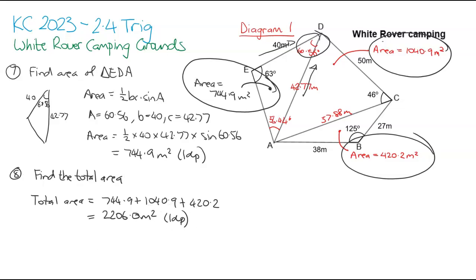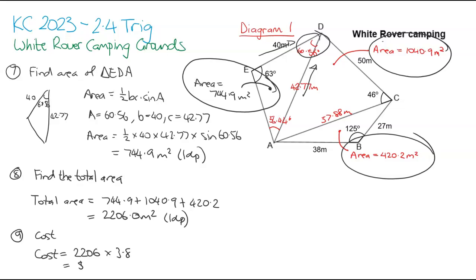So now that I've got my total area, I can actually find out my cost. And the cost in this case will be equal to the area, 2,206, and we're going to times that by the $3.80 that we get charged per meter squared. That's the camping fee that we were talking about earlier on.